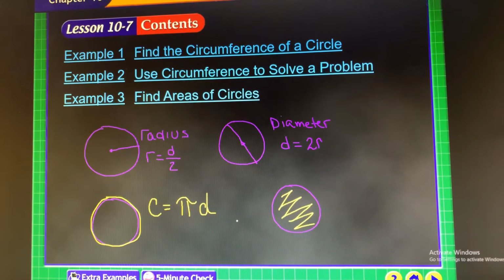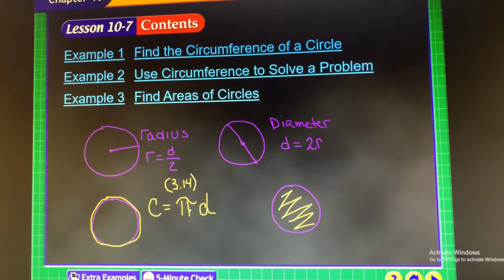So we've talked about pi a lot in the past. It's an irrational number, and irrational numbers go on forever and ever. That's what makes it irrational. We use that symbol. That symbol you can use on your calculator, but a lot of times your book or standardized tests will ask you to use 3.14 instead of the pi key on your calculator.